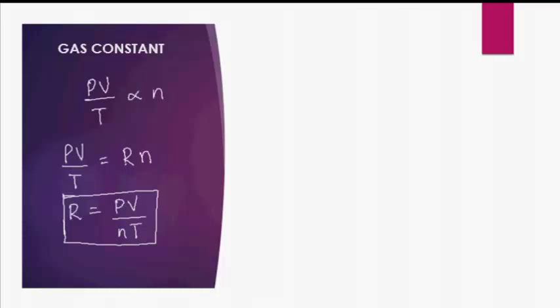Okay, and this constant is hence known as the universal gas constant, because first it is applicable for ideal gases only, second it is universally applicable to all the ideal gases that we can take into account.